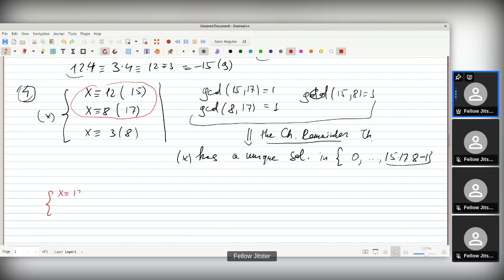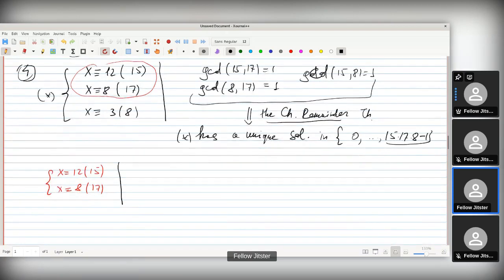Let us focus on this system. How can we solve it? We know the formula. What was the main idea? Crossing some numbers requires knowing what? Two coefficients.